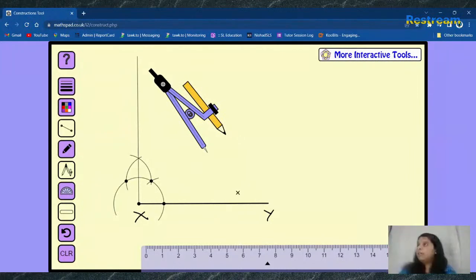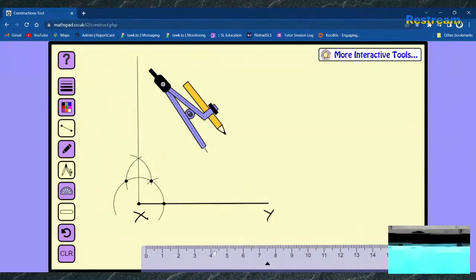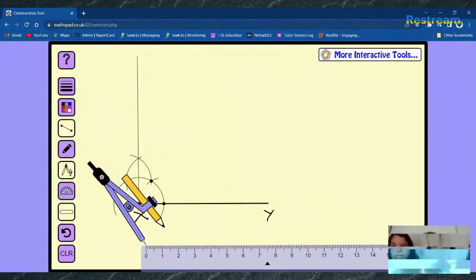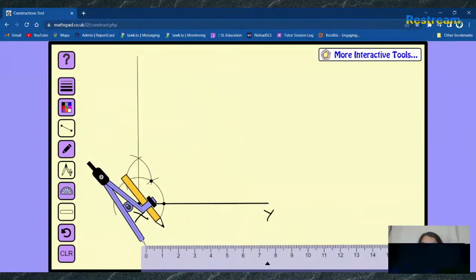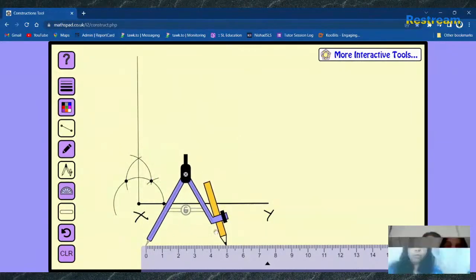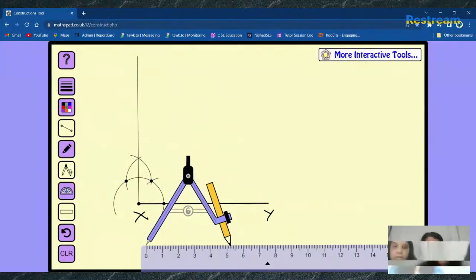Okay. Now they have said, draw XZ 5 centimeters and join ZY as shown. So we are going to take a distance of 5 centimeters in our compass. Now, whenever they ask you to mark any distances on any rough line that you have drawn, always use your compass to draw that mark.